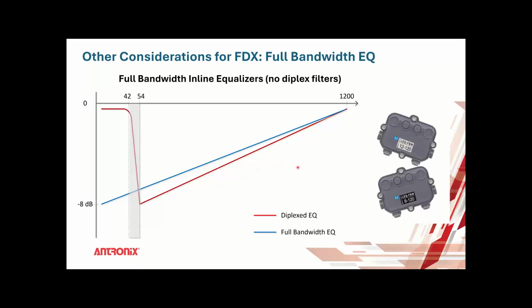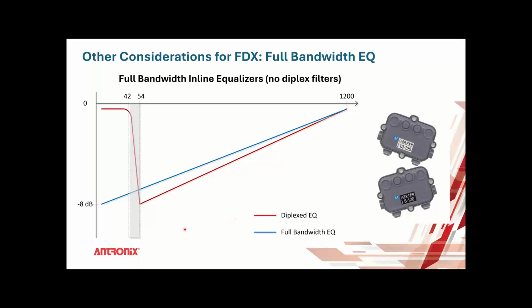at the home. There are two different types of equalizers, inline equalizer, and you splice this inline in a hardline plant. You have a diplex version or a full bandwidth version. In this case, I showed a 5-to-42, a subsplit diplex version. So you have minimal loss from 5 to 42, and then you have your equalization, 8 dB equalization from 54 up to 1.2 gigahertz in this diplex version.